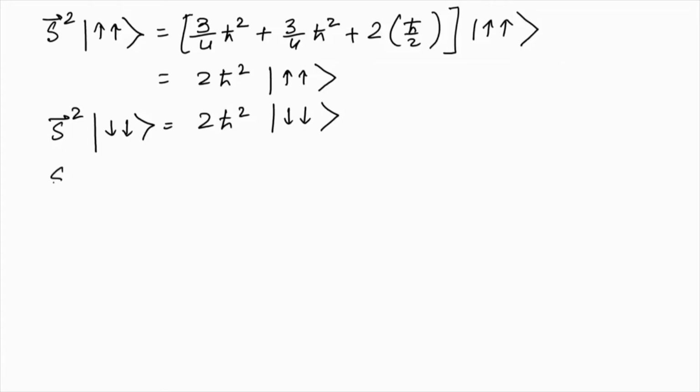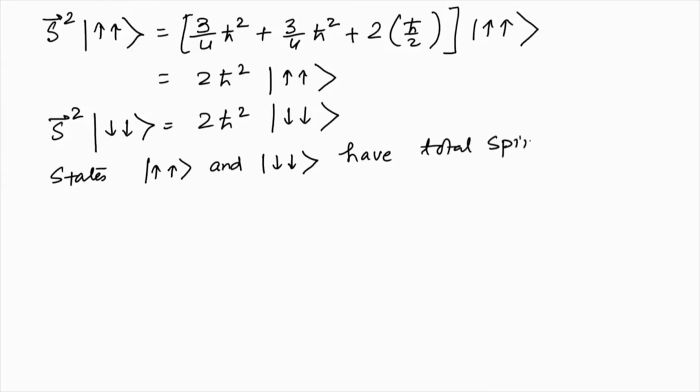So, these states, up up and down down, have total spin S equal to 1 and ms equal to plus minus h cross. Okay.